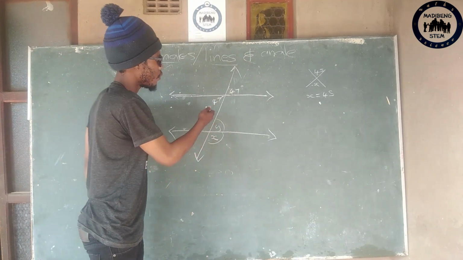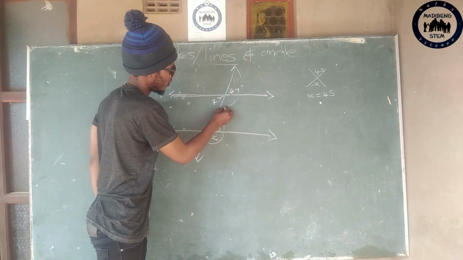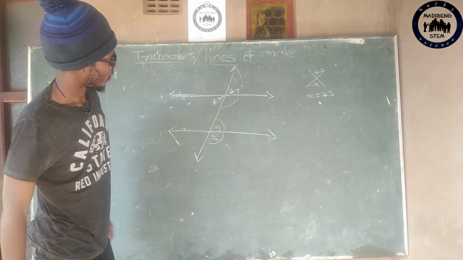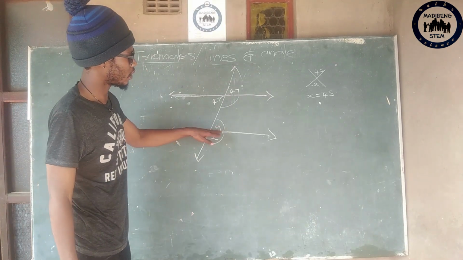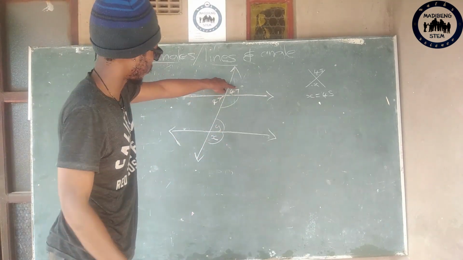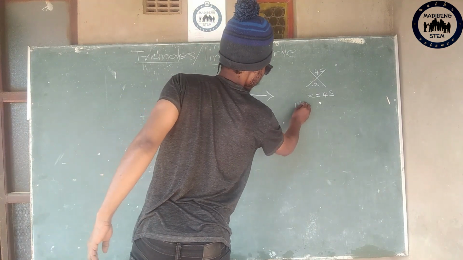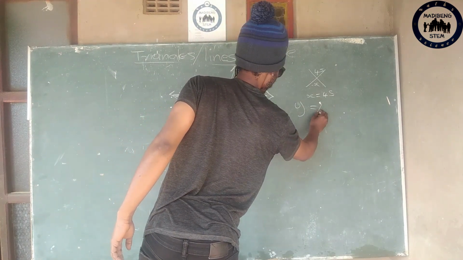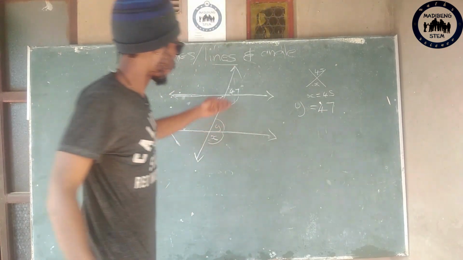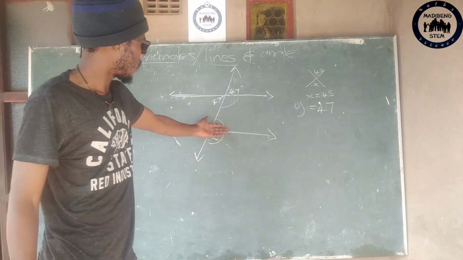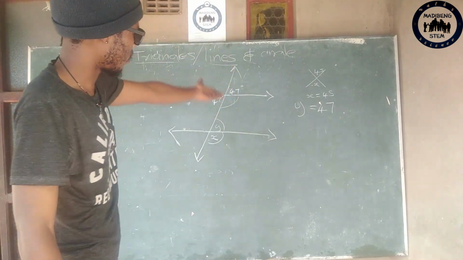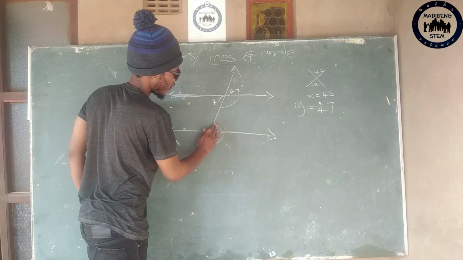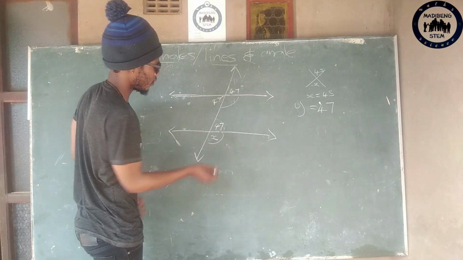So how are we going to find this angle? This one I got it already because this one corresponds to this one. So in this case, y is equal to 47, because they are corresponding angles.